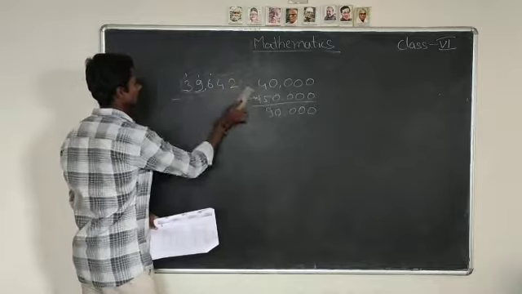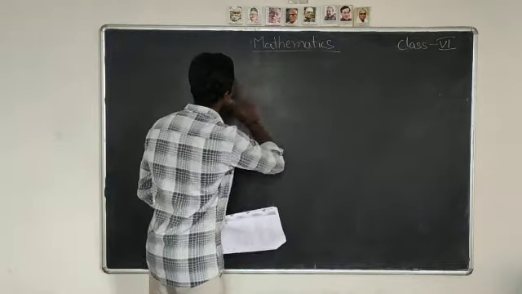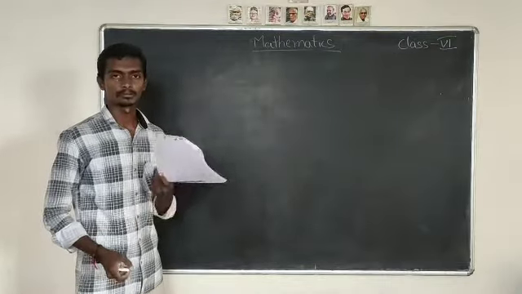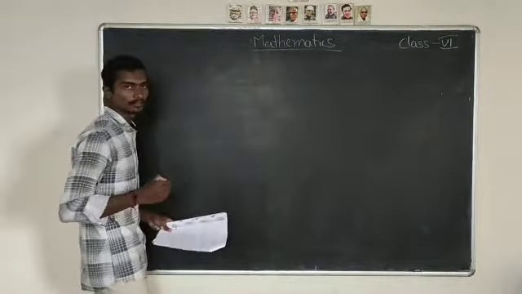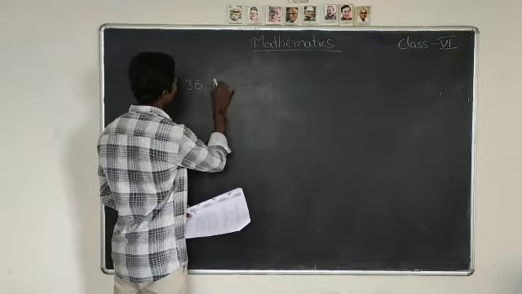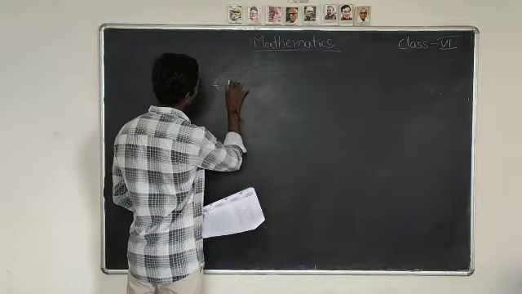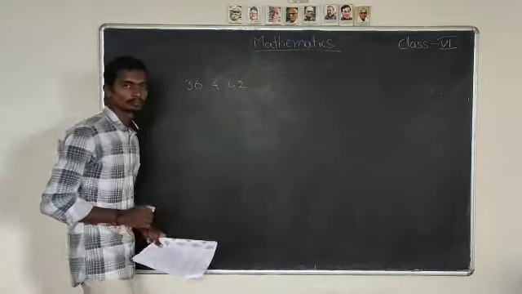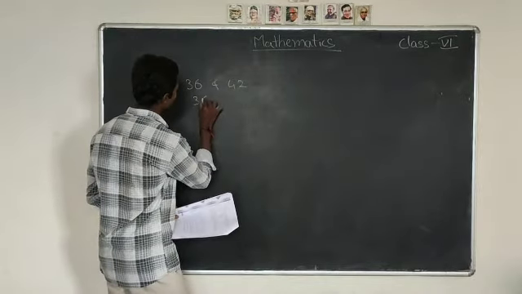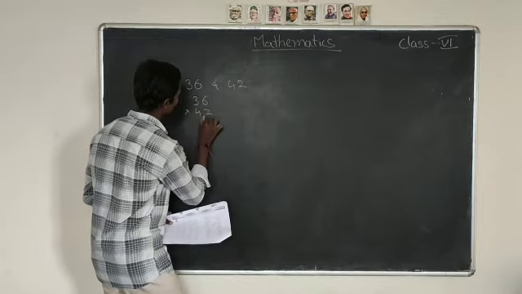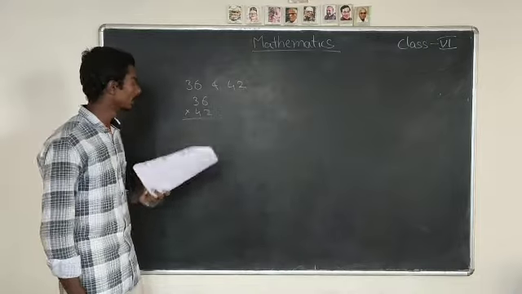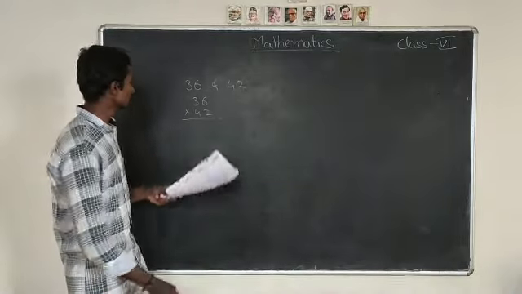Now, let me take an example of using approximation in multiplication. That is, if I have numbers like 36 and 42, I want to multiply these numbers. 36 into 42. In this case, if I approximate the numbers to the nearest values, what will the numbers be?